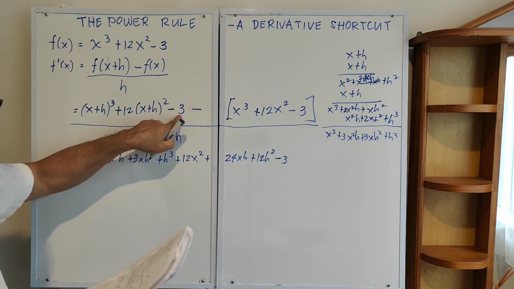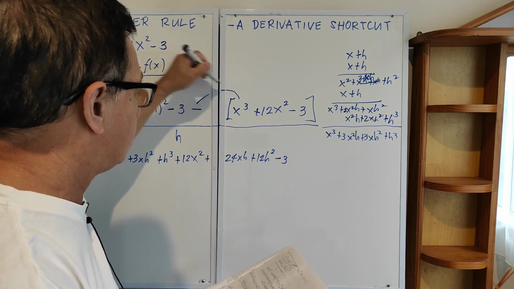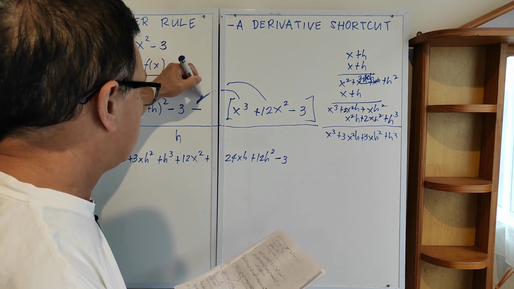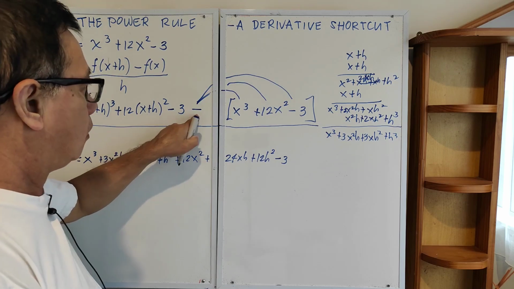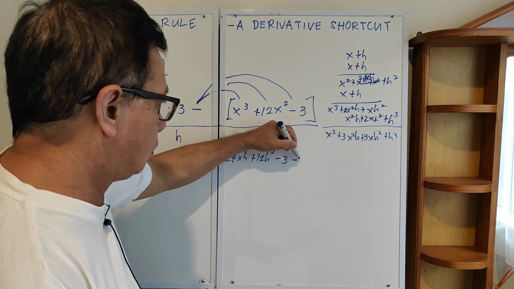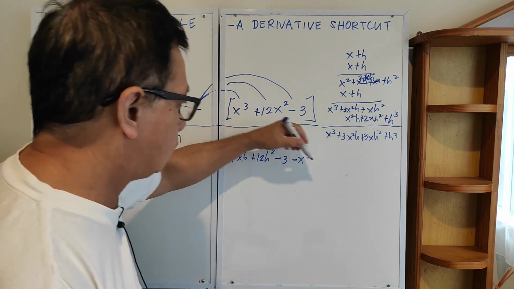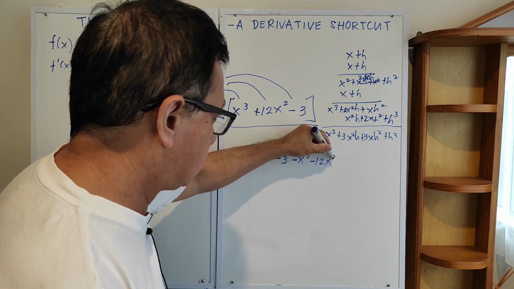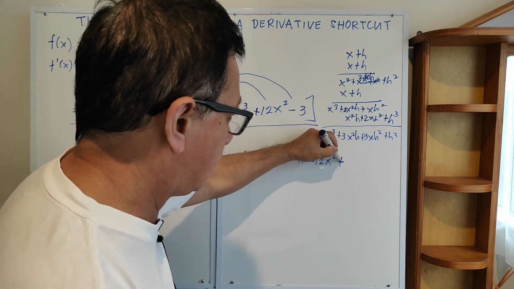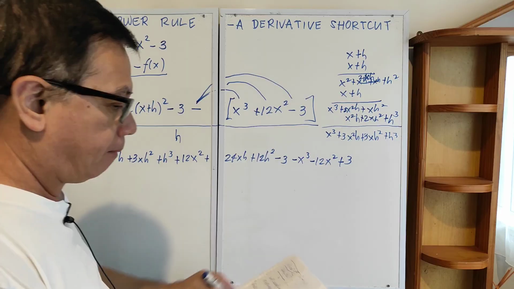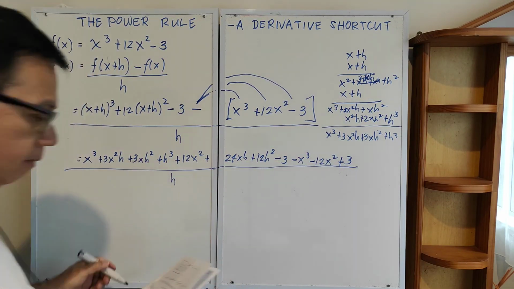Then this negative we have to distribute to each and every one. So this becomes minus x cubed, minus 12x squared, and plus 3, all over h.